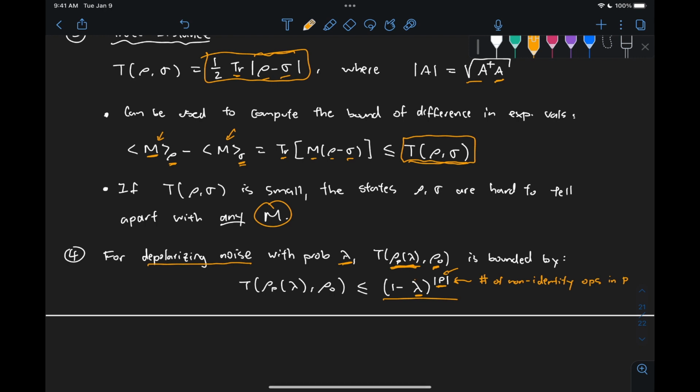And again, I don't know exactly where this expression comes from, but basically this will be easy to compute, right? We are given this value of lambda. We know what the Pauli word is, and we can check how many elements in that word are not identities, and then we can compute the number, and we're told that that bounds this trace distance between the noisy density matrix of our Pauli word and the maximally mixed state.